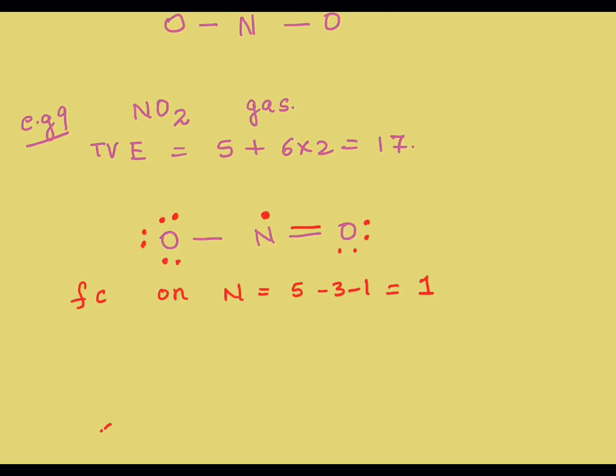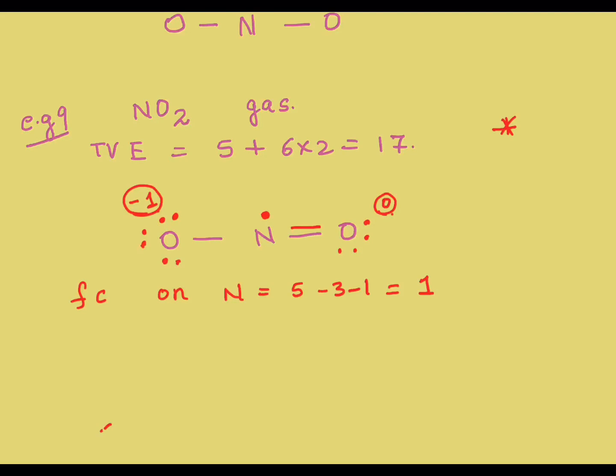Go ahead with the formal charge. Obviously, for this oxygen, the formal charge is 0. For this oxygen, the formal charge is -1. What about the formal charge on nitrogen? It's 5 minus the number of bonds minus the number of electrons in the lone pair. How many are there? Yes, this is an anomaly.